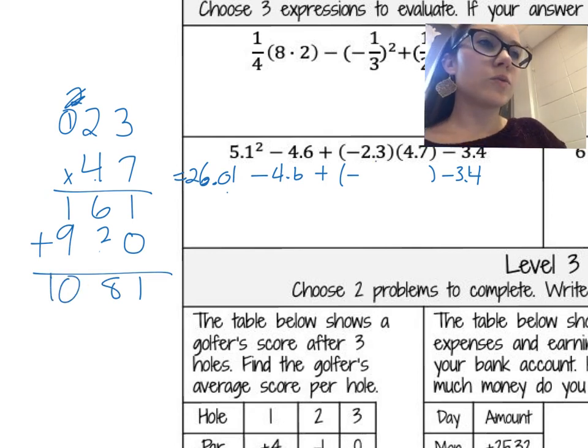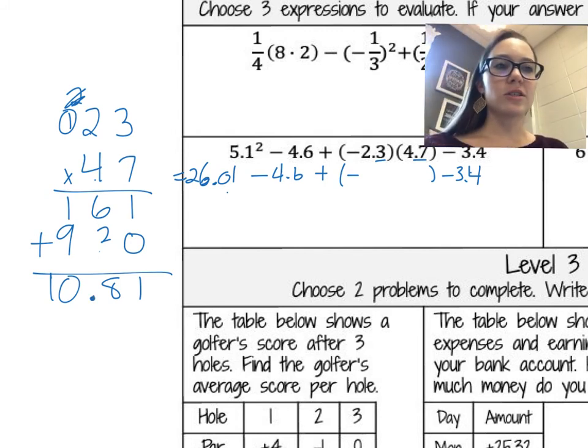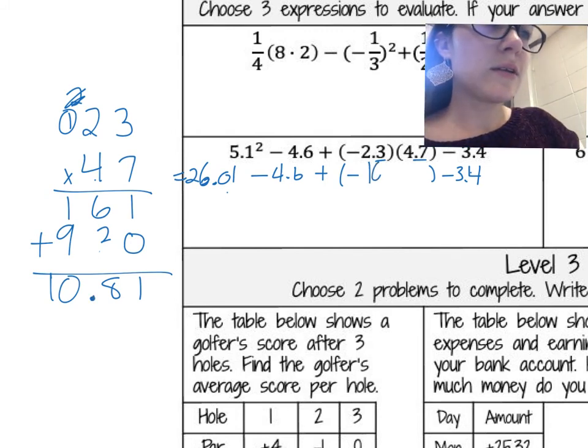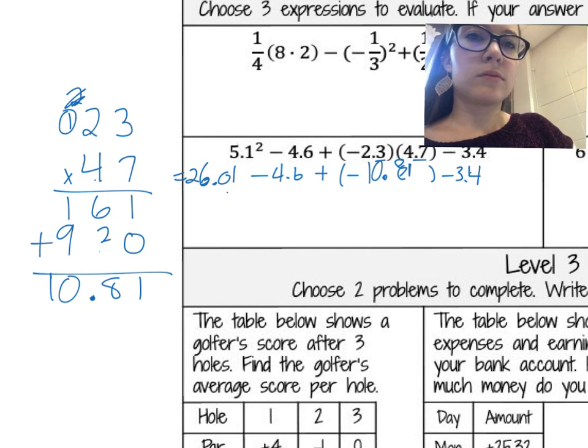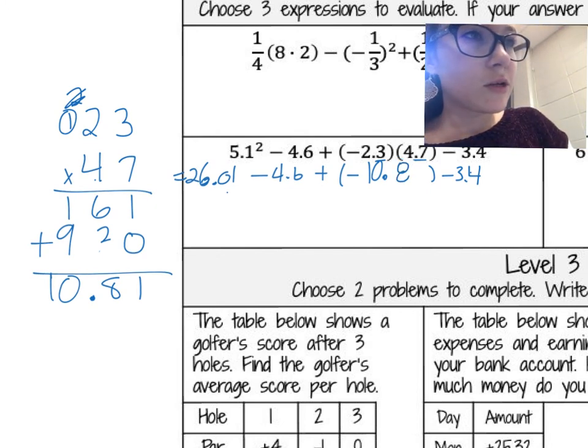Okay, so there's 2 numbers after the decimal point. That matches in my answer. So minus 10.81. Let's rewrite that 8, make it look nicer. There we go.